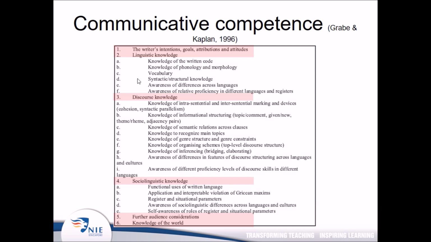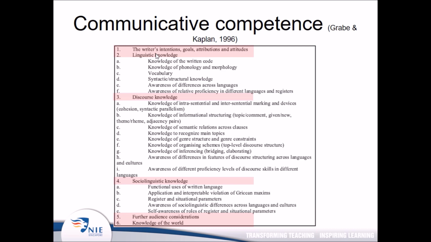And that's something that raters most often look for when they are rating a piece of paper. Then discourse knowledge, like the intersentential and intrasentential marking and devices, and knowledge of semantic relations, etc. And finally, sociolinguistic knowledge.